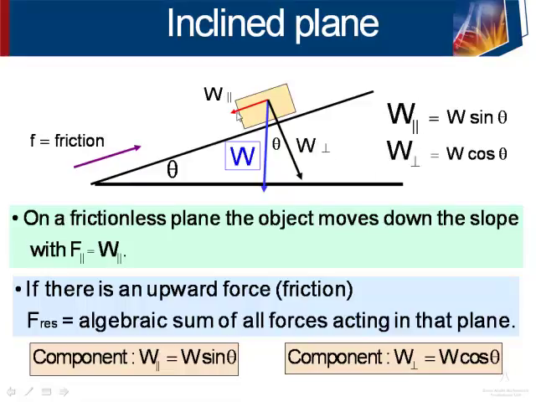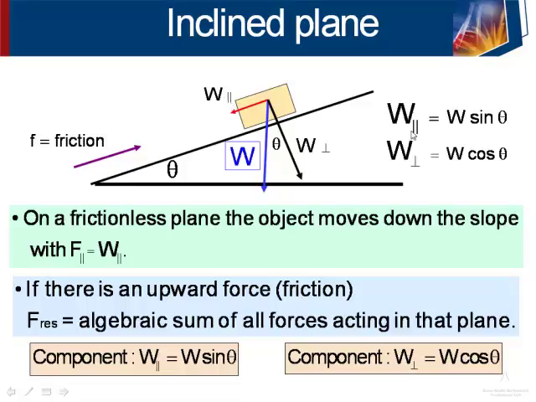The weight parallel is the red vector, the weight perpendicular is the black vector. This angle theta is the same as the slope angle there, and importantly we can see this weight perpendicular is the horizontal component and this weight parallel is the vertical component.